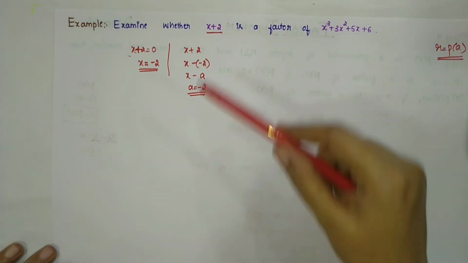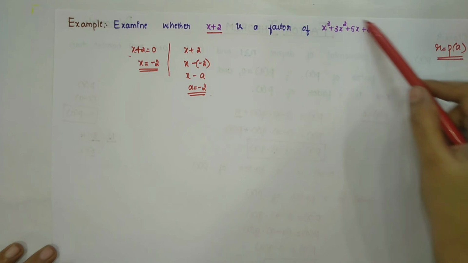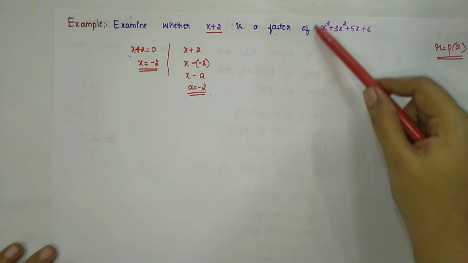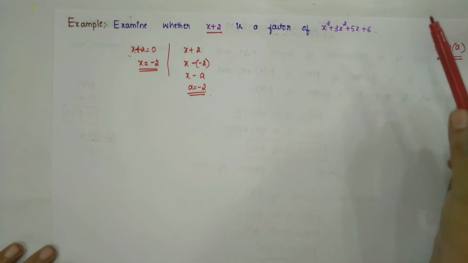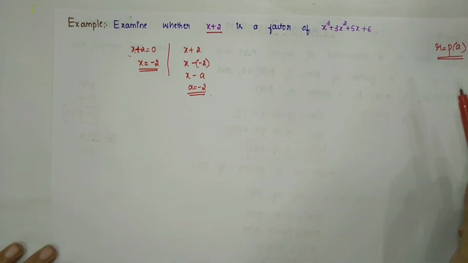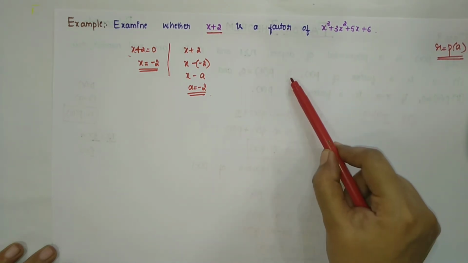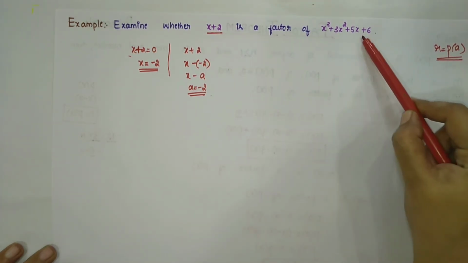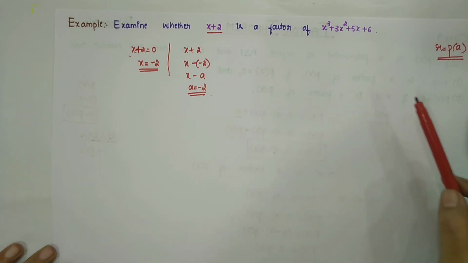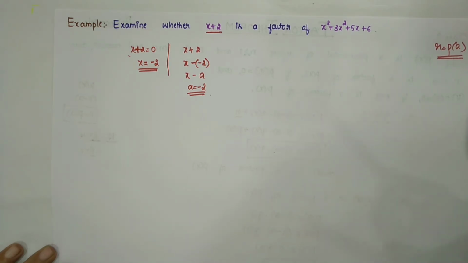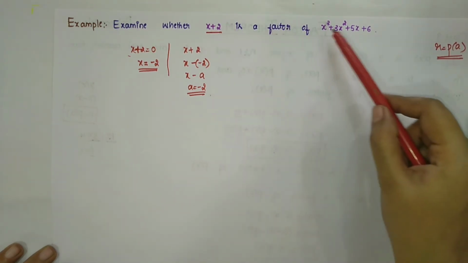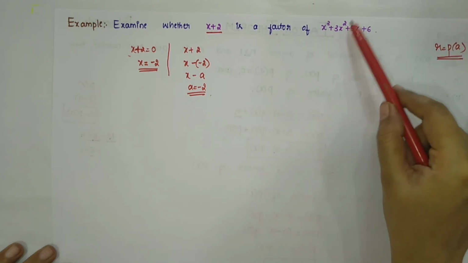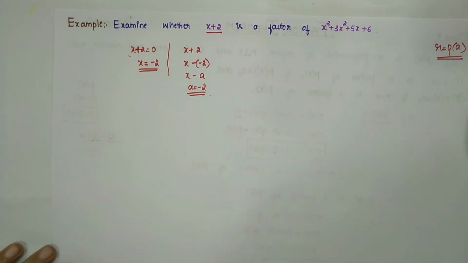That is, we can call any polynomial a factor of another polynomial only if it completely divides that polynomial, which is nothing but remainder equal to 0. If we get remainder equal to 0, then we will write that yes, x plus 2 is a factor of this polynomial, and if we don't get remainder equal to 0, we should conclude that x plus 2 is not a factor of the given polynomial x cube plus 3x square plus 5x plus 6.